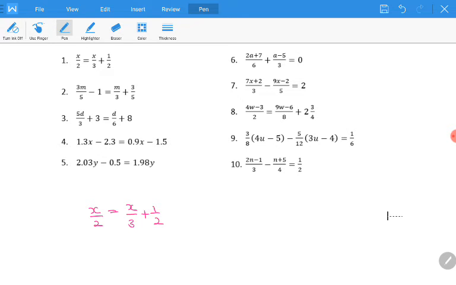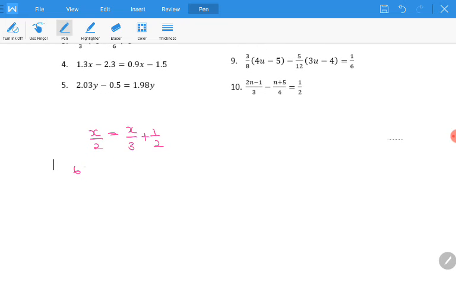To get rid of the denominators, we can multiply through by 6. So this expression becomes 6 bracket x over 2 is equals to 6 bracket x over 3 plus 6 1 over 2. So then this simplifies to 2 into 6, that's 3. 3 into 6, that's 2. 2 into 6, that's 3.